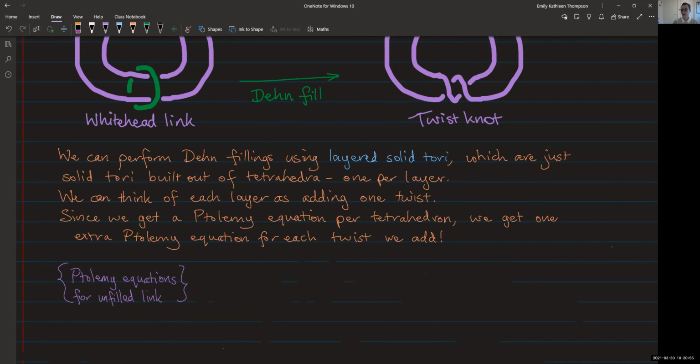So we have the Ptolemy equations that we got from the unfilled link, and then we performed Dehn filling, where we put in one extra tetrahedron per twist, which corresponds to one extra Ptolemy equation each time. And so this set of equations is now going to be used to define the A-polynomial.